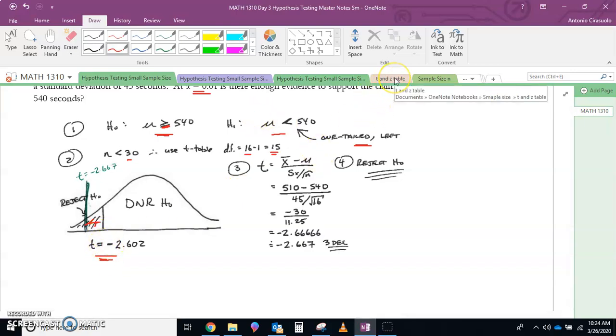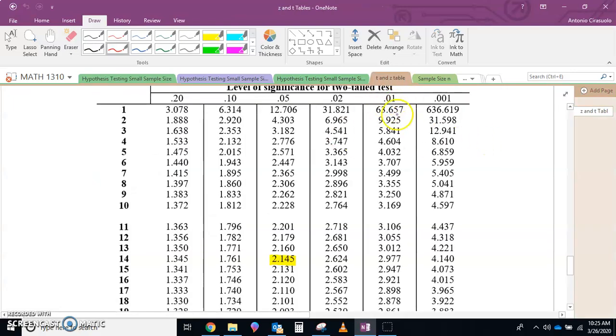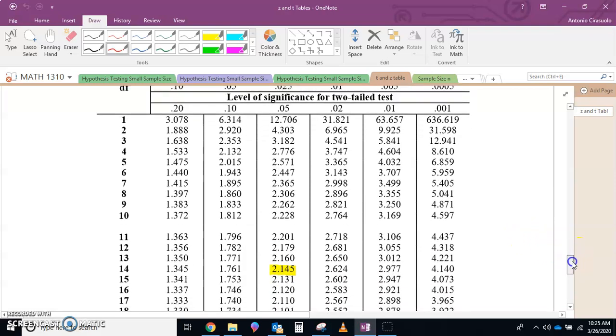And when we look at this, so 0.01 left tail, right? So 0.01, sorry, let's go back up here. One tail, 0.01, and then degrees of freedom 15 gives us this value, 2.602, right? 2.602.